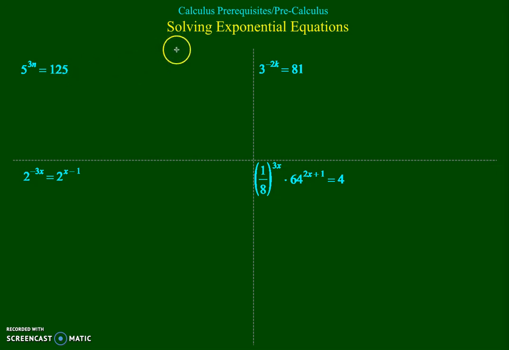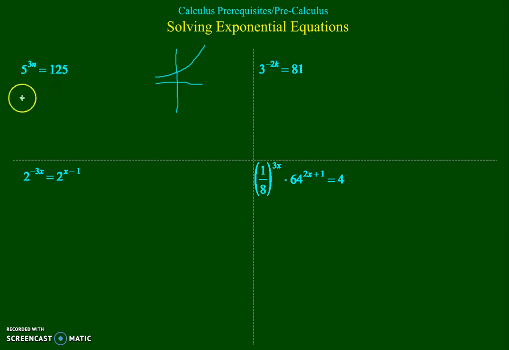If you recall the graph of an exponential, it looks something like this. It's a one-to-one function, which means for every x, there's a unique y value. And so what we can do then is eliminate the bases once the base is the same and we have the exact same expression. So let's see if we can convert 125 to an exponential with a base of 5.